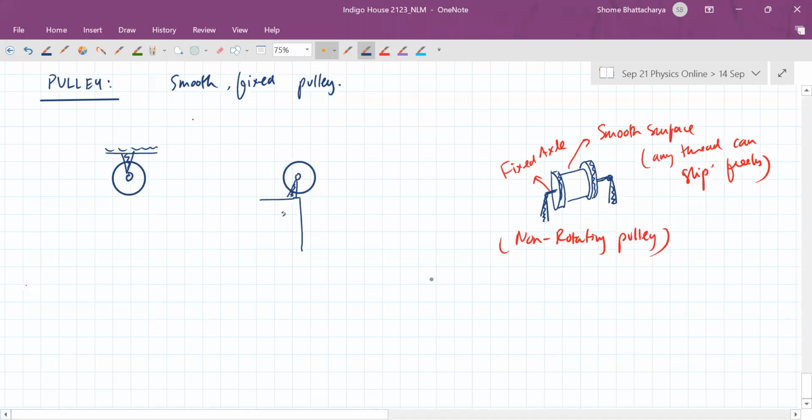So that is the type of pulley that we study in this chapter. Rotating pulleys is something that we're going to study in a later chapter called rotational mechanics.